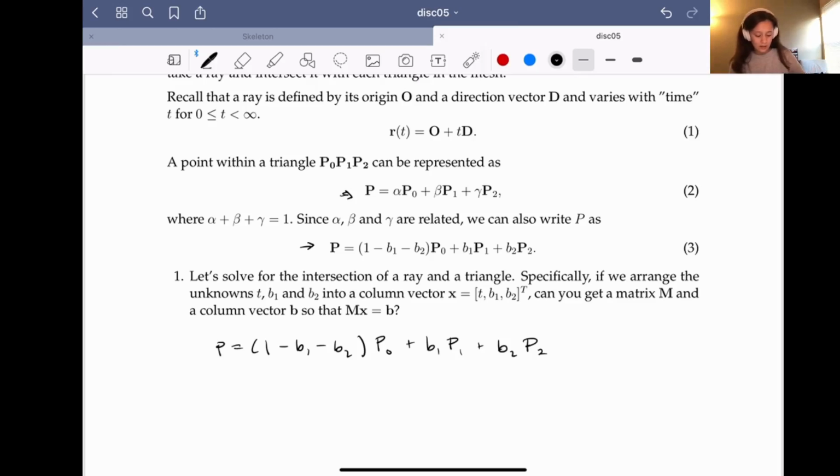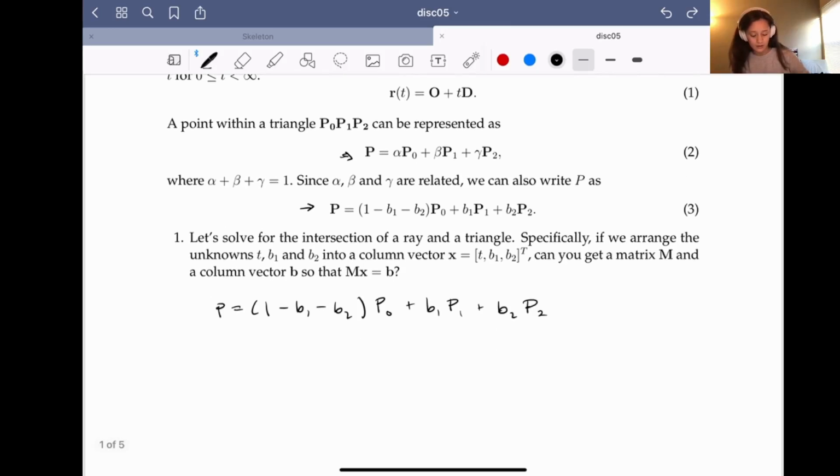And you'll notice that these values here are actually our barycentric coordinates. Okay, so now we just need to set p equal to our ray equation. So actually, I'll just do that right here. Okay, and then now we just have to solve for t.